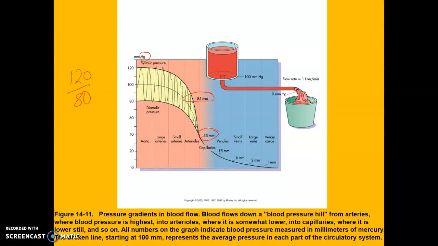Why is that important? Remember, capillaries are only endothelial cells. If we had super high blood pressure, the capillaries would burst, right? This drop in blood pressure is appropriate to get blood out to the capillary beds in your head and in your body, but then pressure is low enough so that you basically don't burst blood vessels.